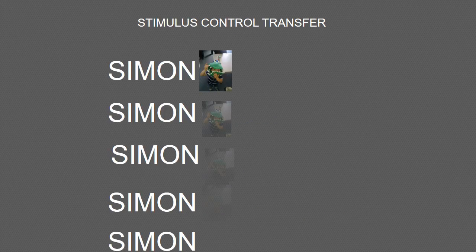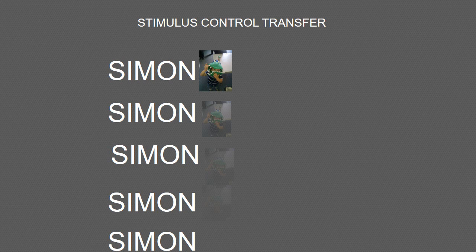Here's another example of stimulus control transfer. I see this used in classrooms a lot. Let's say we want a person to be able to recognize their name in written form. We would start by having their name and having an additional stimulus, a picture of themselves by their name. So once Simon here could identify his name with his picture, I would start to fade that picture out. If you see in the top one, the picture is very clear, it's very bright.